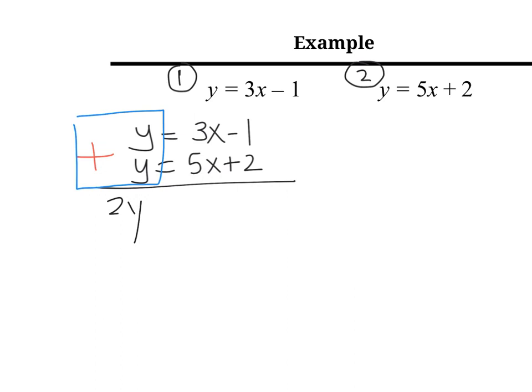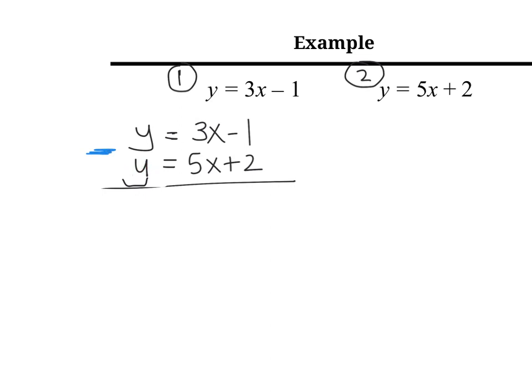And that's not what I want. I want to actually eliminate or get rid of those y's. So adding is not going to work because adding is just going to generate 2y, and that's not what I want. What if instead we tried to subtract the two equations from each other? So now this is going to read as y minus y.